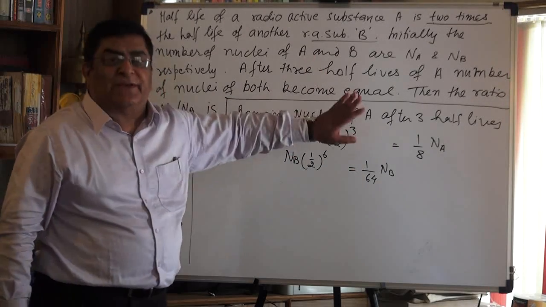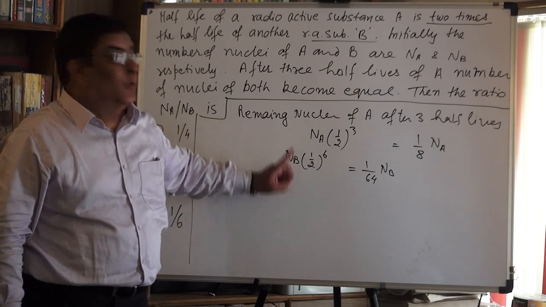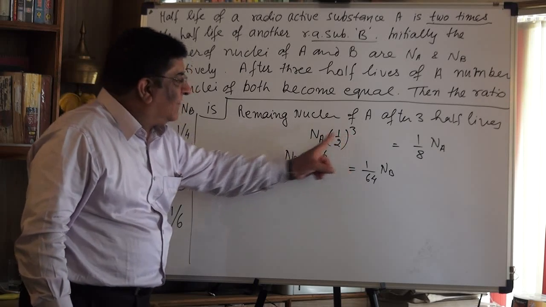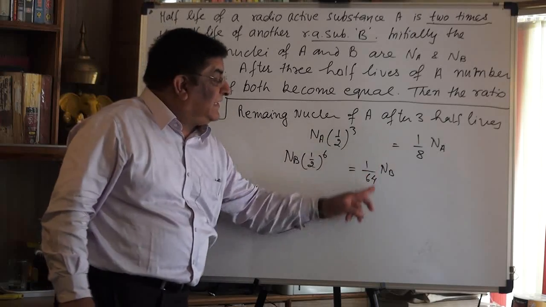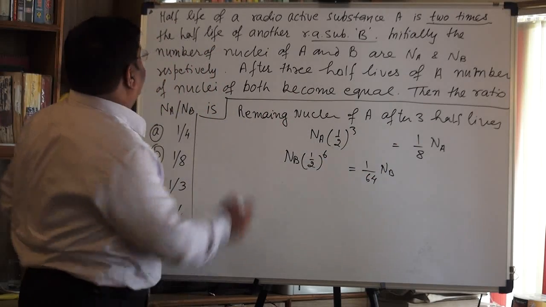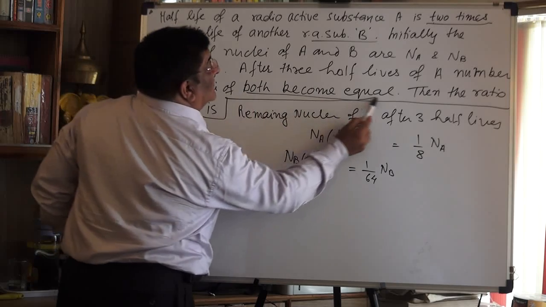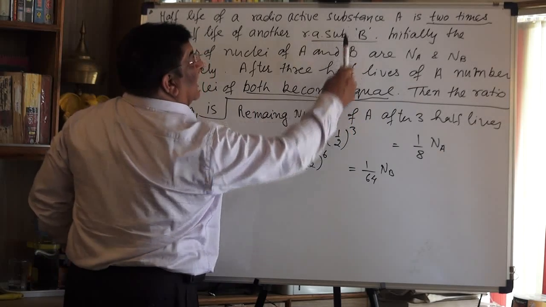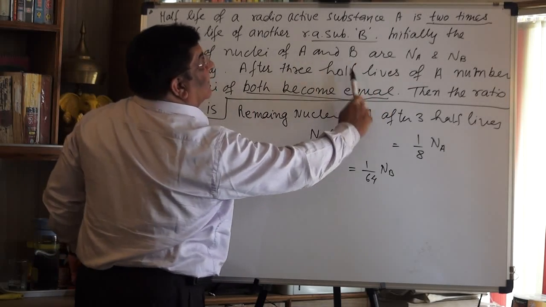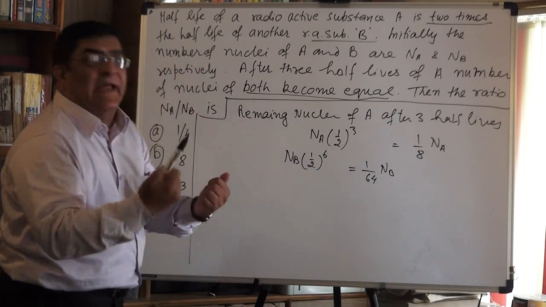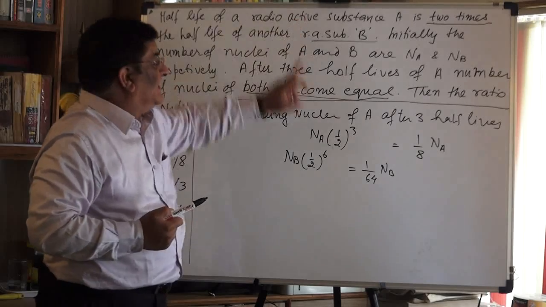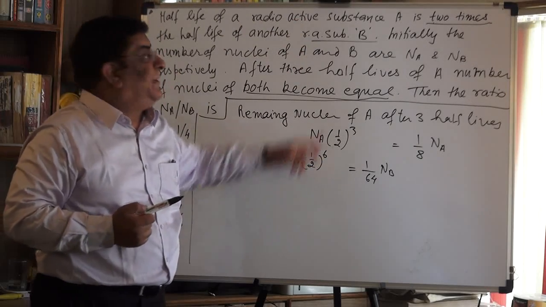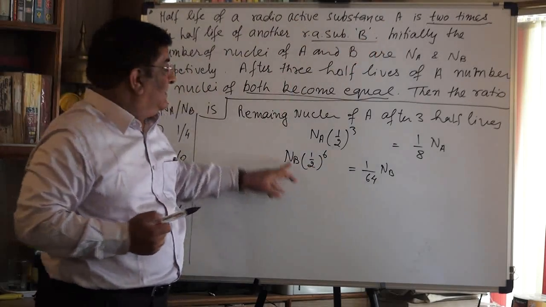Now what they say, what were initially Na and Nb we don't know, but after 3 half-lives of Na, after 6 half-lives of Nb, these two become equal. Both become equal. What both? A and B after 3 half-lives of A. Now we understand that there are 3 half-lives of A, and according to this condition there will be 6 half-lives of B. It is already given twice.